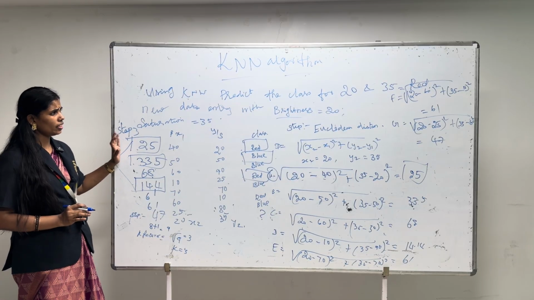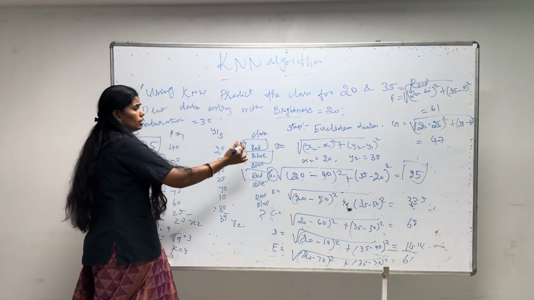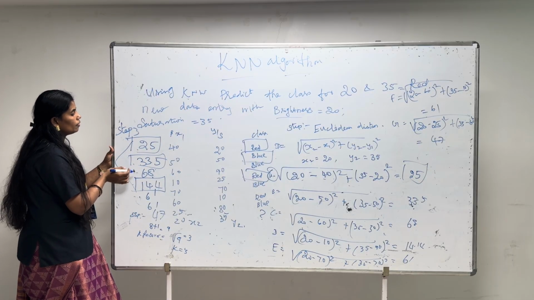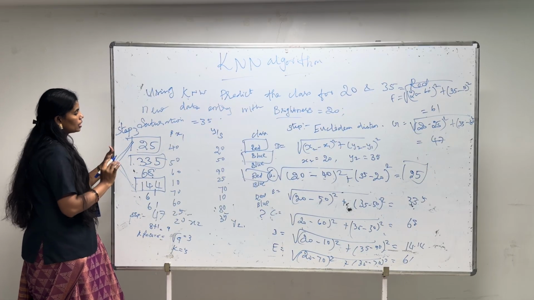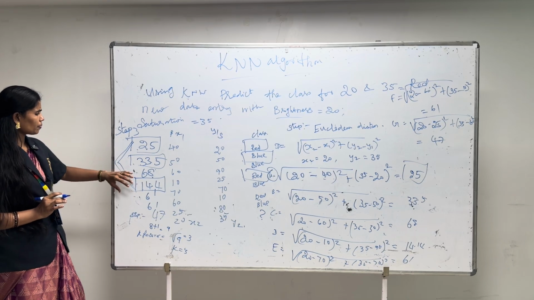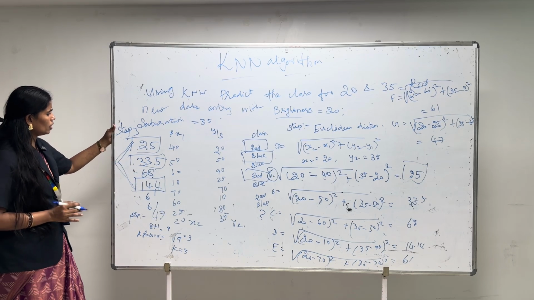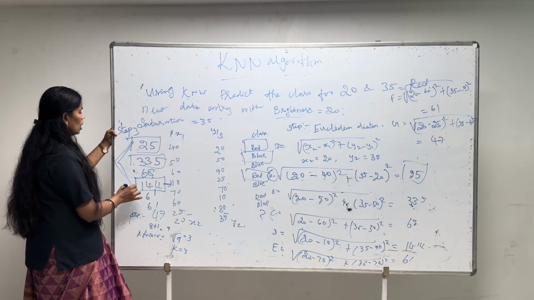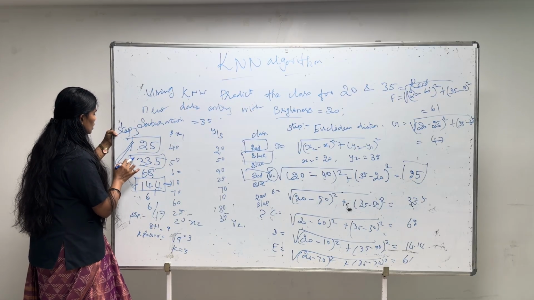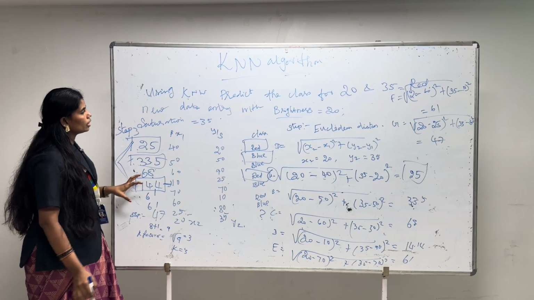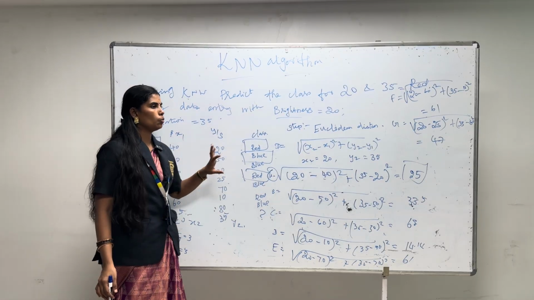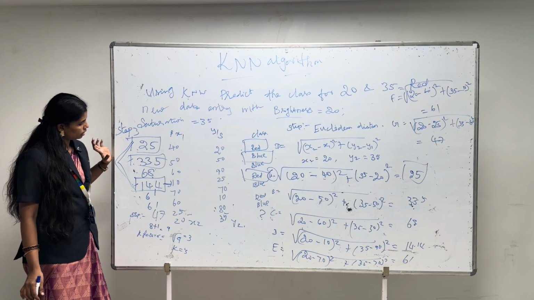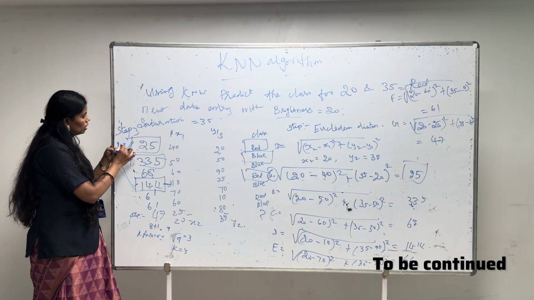From this I arranged the order, ascending or descending, and with the help of the sorted list we can easily calculate. 14.4 is the first, and the second is 25, then 33. So these all belong to the red and blue categories. The majority among 14.4, 25 and 33 belongs to the red category.